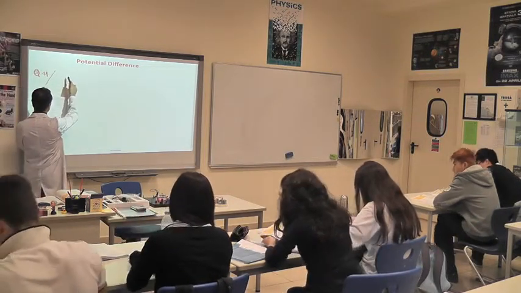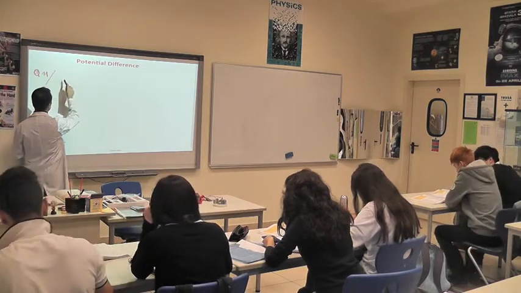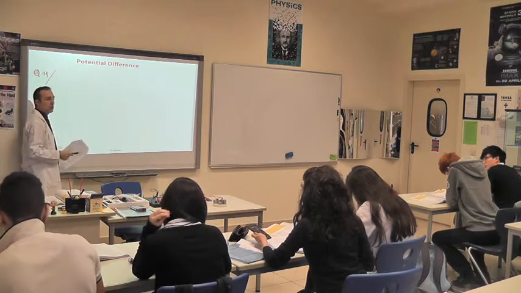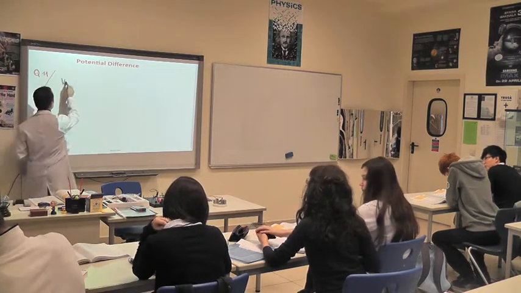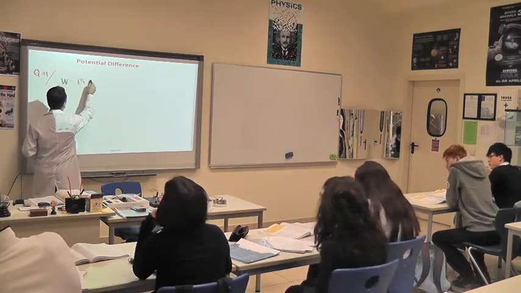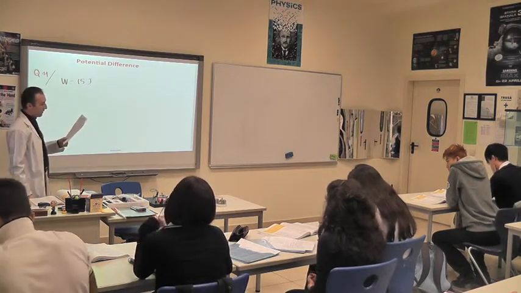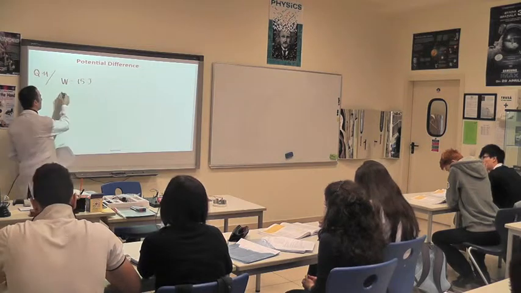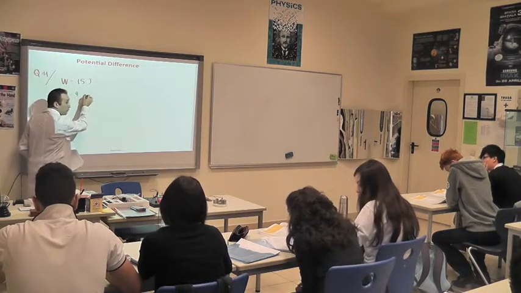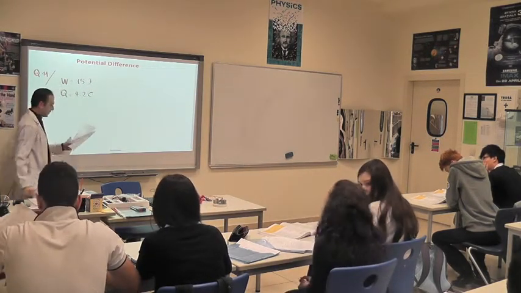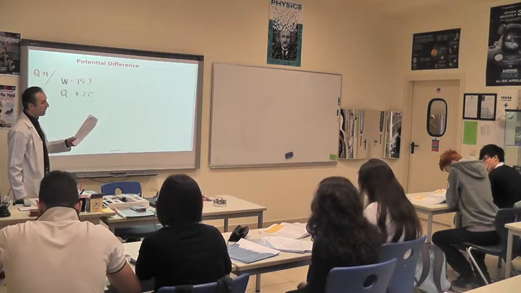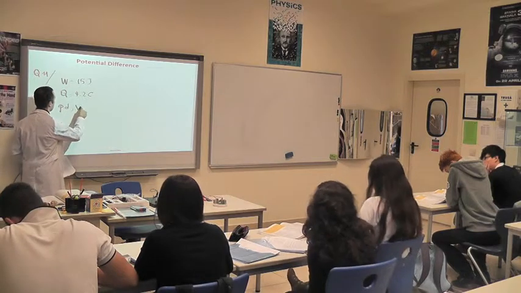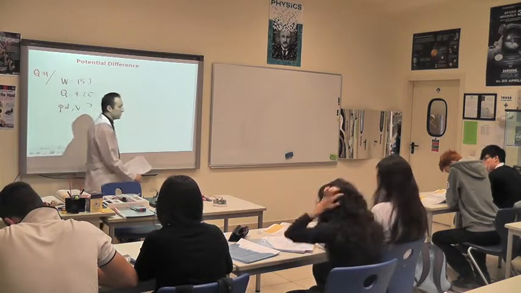Calculate the potential difference across a component that transfers 15 joules. Yes, what's that 15 joule? W, right? We have 15 joules of energy provided in a component. And charge flows how much? 4.2 coulombs. And what's the question? Calculate potential difference. What is voltage?